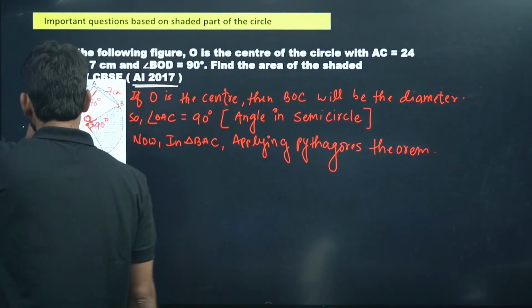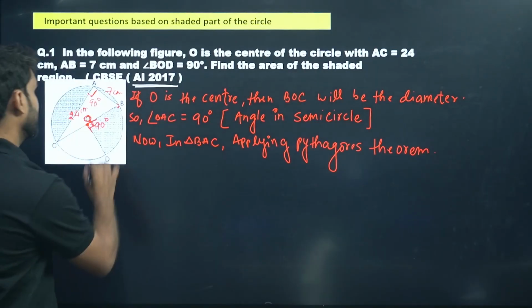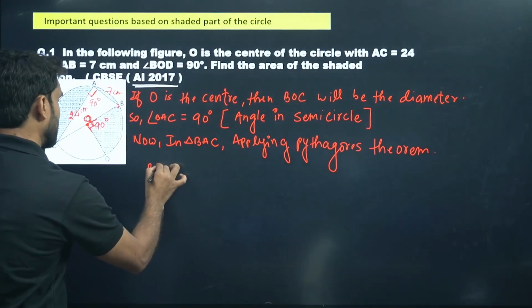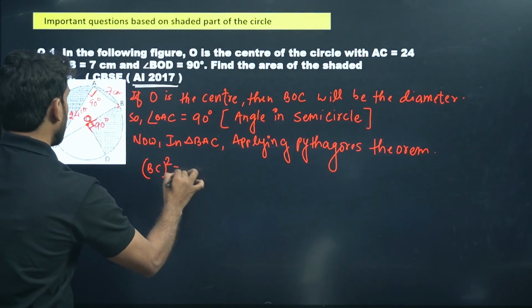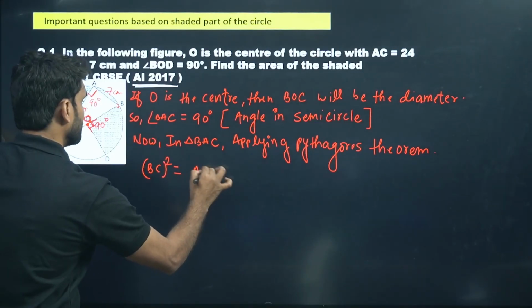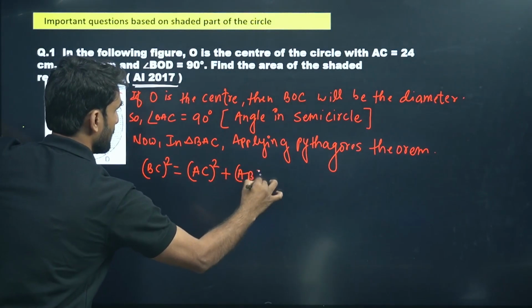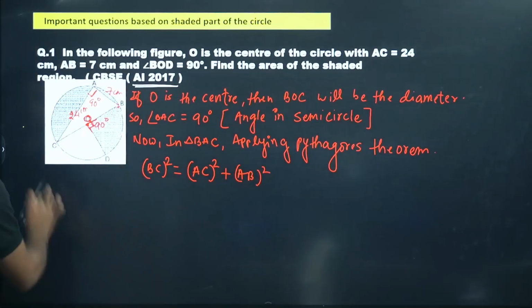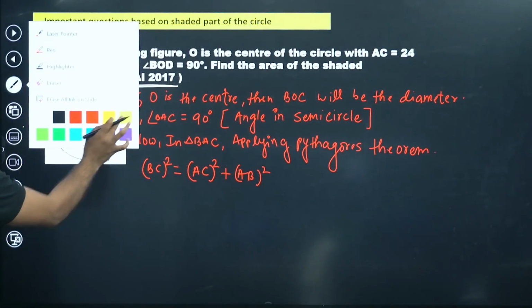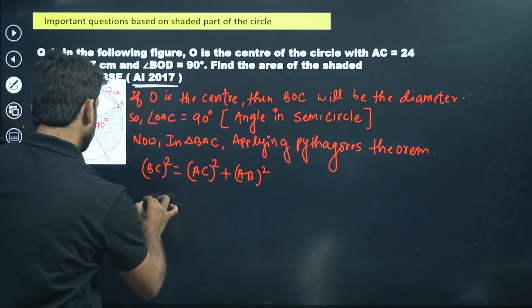What the Pythagoras theorem says: the square of the hypotenuse will always be equal to the perpendicular square, which is AC, plus the base square, AB, right? I'm using yellow color, that will be more visible. BC, I don't know what BC is.